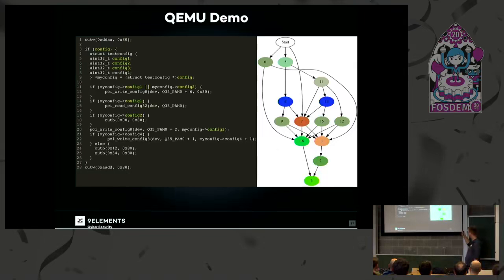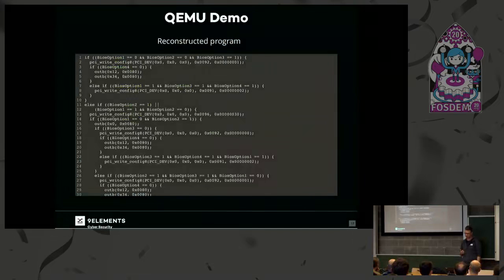Every node is a single I/O instruction. If you generate C code out of it, it doesn't look that pretty. It's not even complete. It just continues below the slide. So that's only half of it. And that's something we need to work on and make pretty C code.